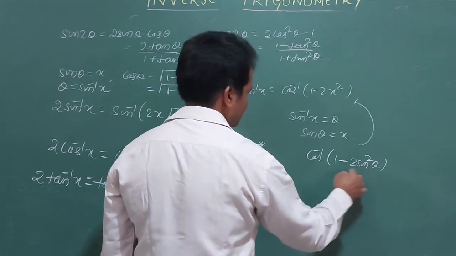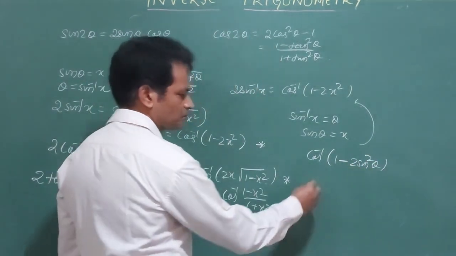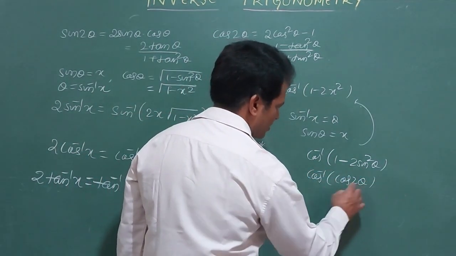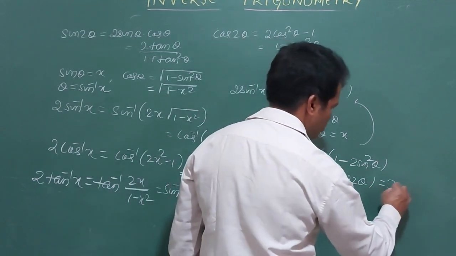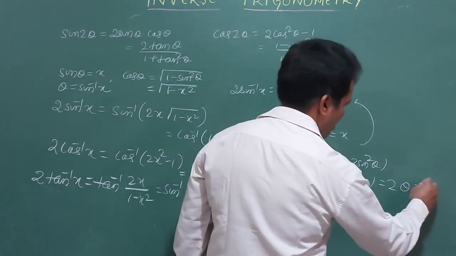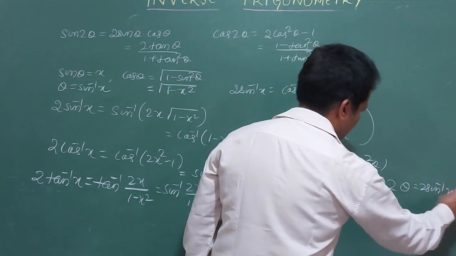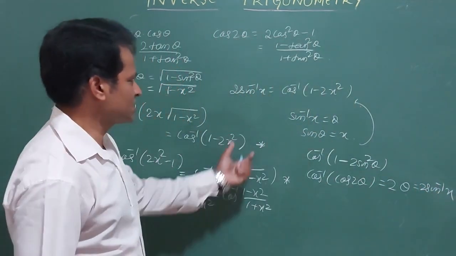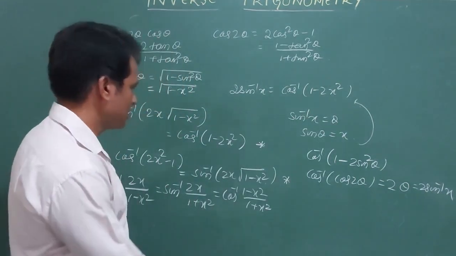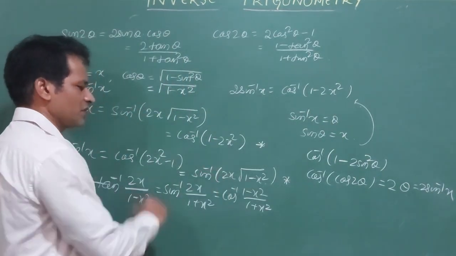And 1 minus 2 sin square theta can be written as cos 2 theta. Cos inverse of cos 2 theta. What is left? 2 theta. And what is the value of theta? Sin inverse x. Are they equal? So 2 sin inverse x is equal to cos inverse 1 minus 2x square. Similarly, you need to do it. Take x equal to cos theta, you can do it.